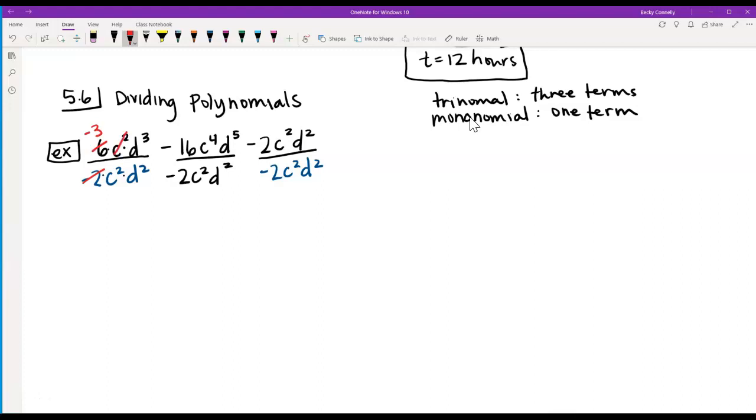My c squared divided by c squared just becomes a 1, since anything divided by itself is a 1. And d squared will divide into d to the 3rd power d times, so we have d to the 1st power now. So that first term says negative 3d, and there was nothing left in the denominator. I just simplified that one.